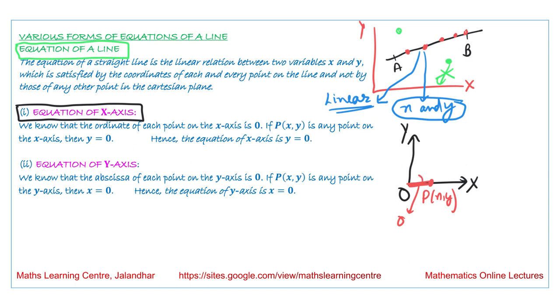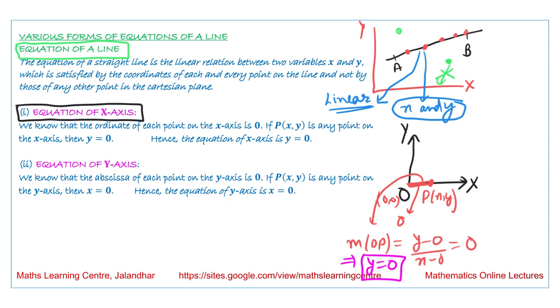If we calculate the slope of this line OP, with O being (0, 0), we obtain (y minus 0) over (x minus 0), and the slope is 0. So we obtain y is equal to 0. So the equation of the x axis is y is equal to 0.